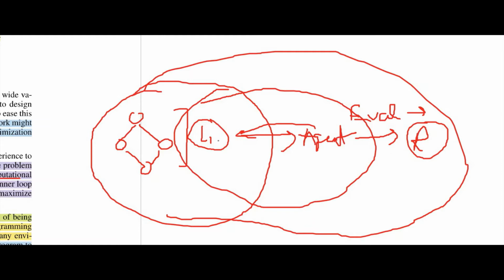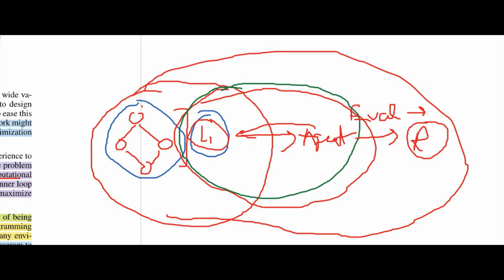So the task of the outer loop is to figure out the best possible computation graph which leads to the best possible loss, on which when you train an agent in the inner loop, it leads to the best possible reward. So this is how the outer loop and inner loop work basically.